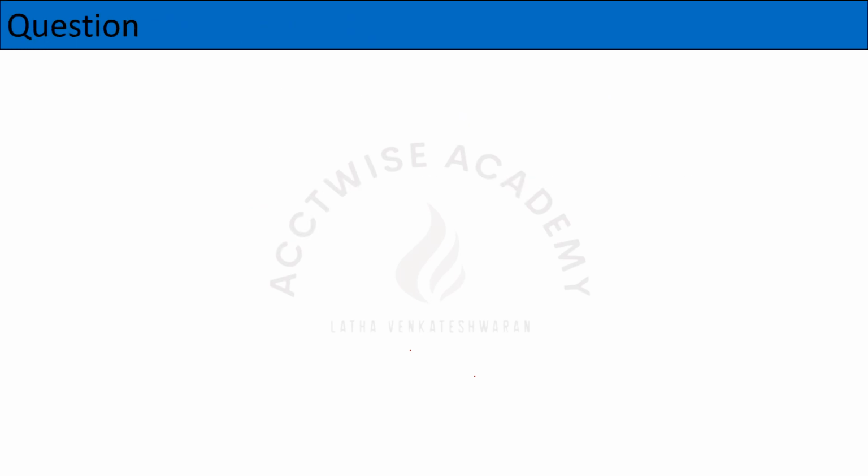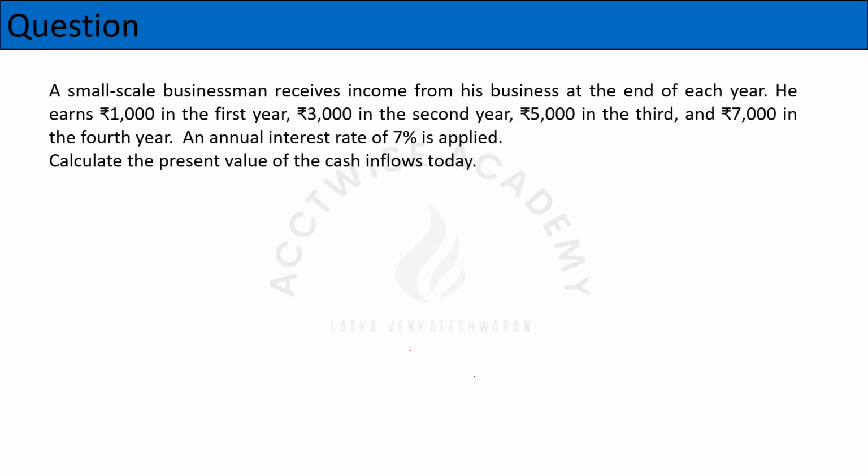Let us solve a problem on present value of uneven cash flows. A small scale businessman receives income from his business at the end of each year. He earns rupees 1000 in the first year, 3000 in the second year, 5000 in the third year and 7000 in the fourth year.